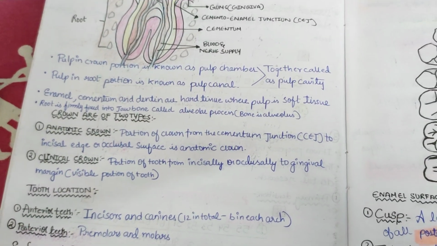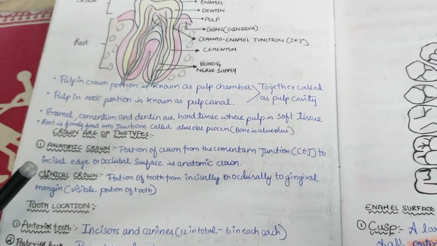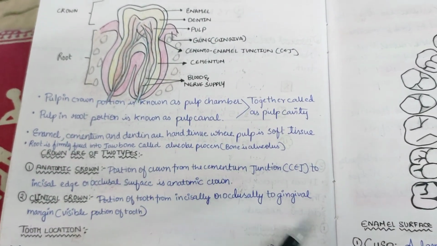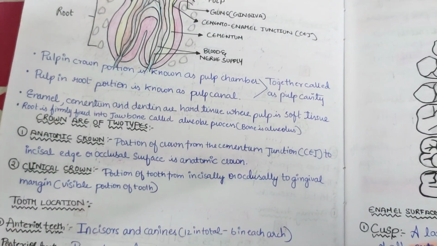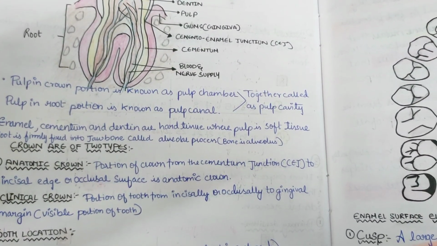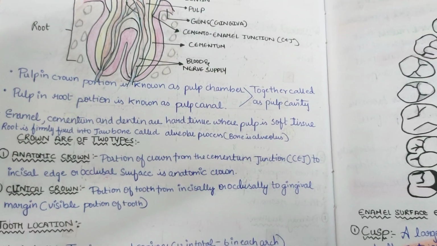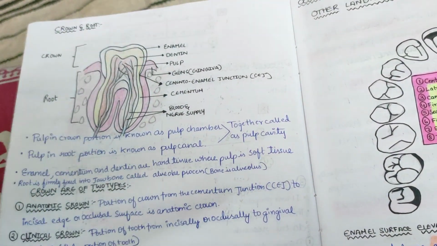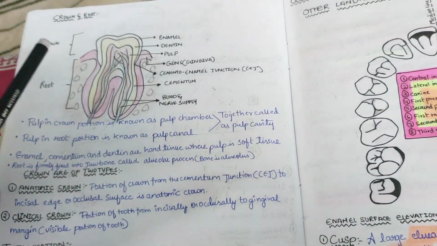Now, crowns are of two types, the anatomical crown as well as the clinical crown. Anatomical crown is the portion of the crown from the CEJ, or cemento-enamel junction, to the incisal edge. The incisal edge is the chewing surface.